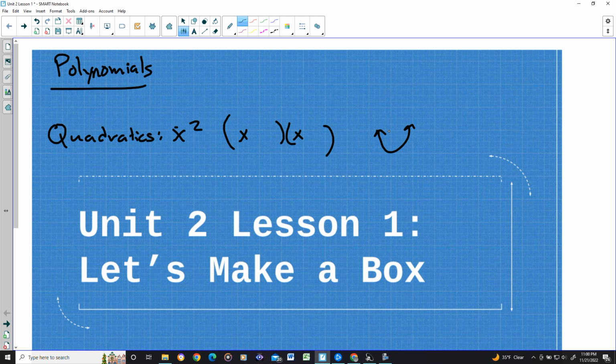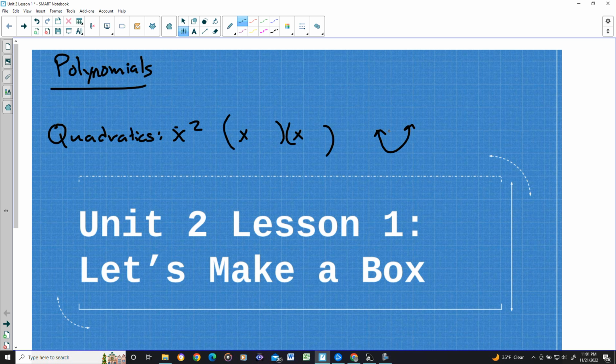Now what we're going to do is use the analytics that we use in quadratics and apply them in a more general fashion to longer polynomials, and learn different operations that we can perform that are good for all types of expressions, not just ones with an x squared term. And that's what all of this is about.